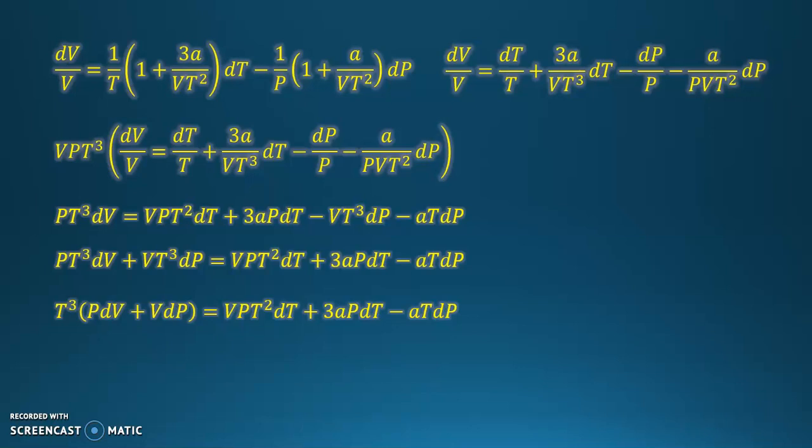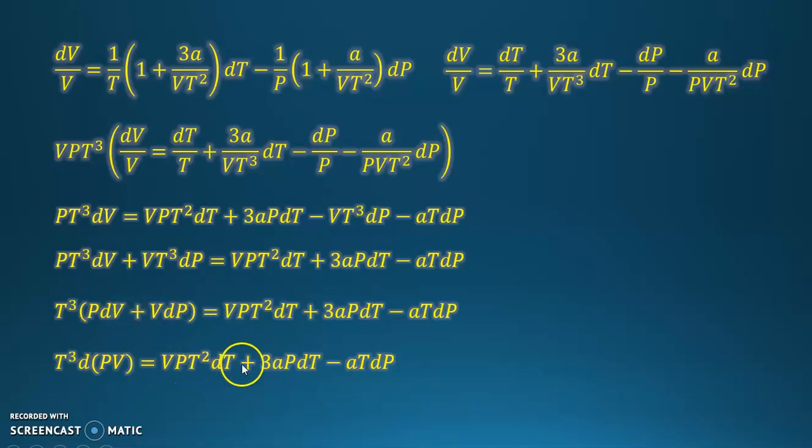If we remember the product rule, we can rewrite this expression like this. This expression can be written like the differential of P times V. If we solve this term, we'll get this expression that we have above.